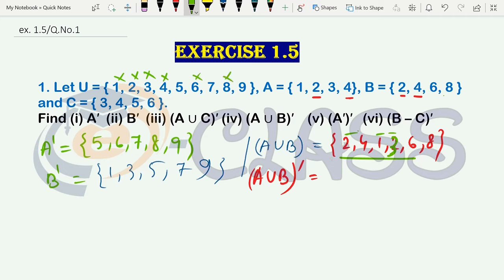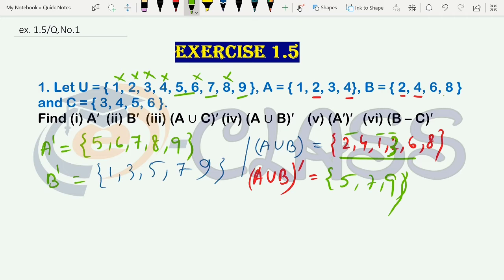The remaining ones are 5 7 and 9. So A union B complement is equal to 5 7 9.